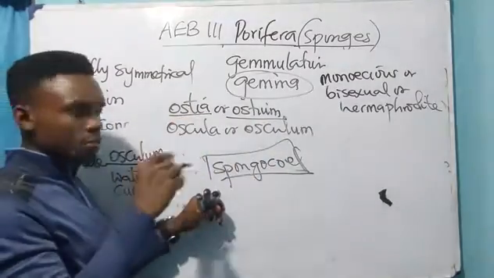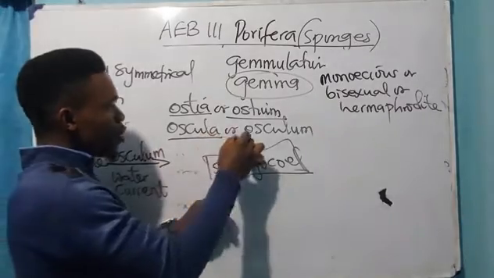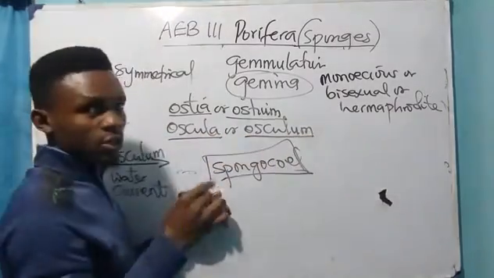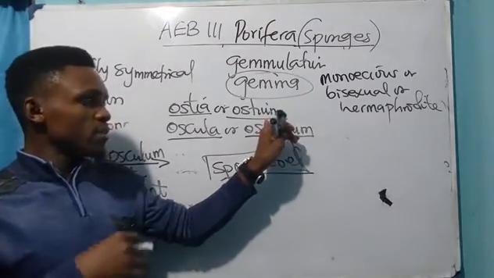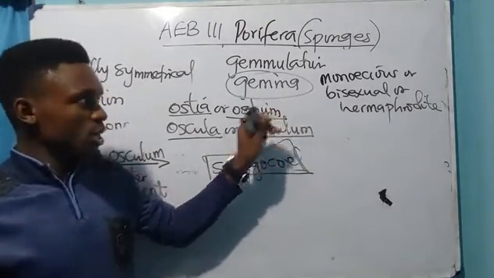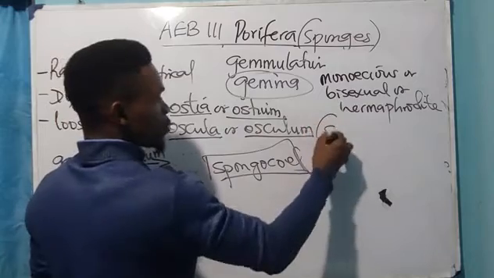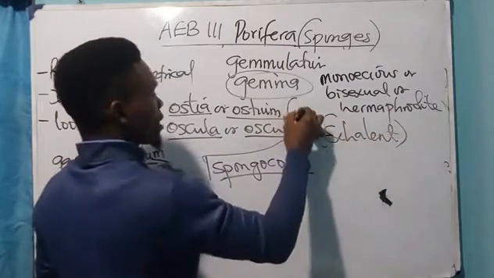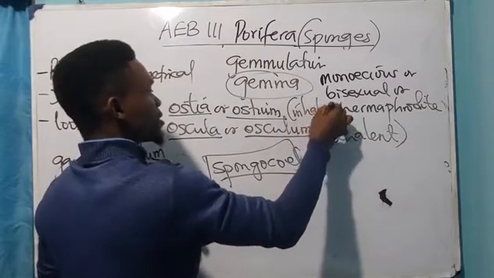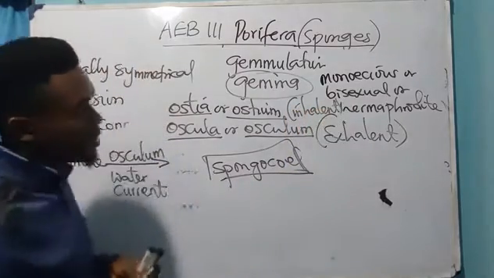Now, water leaves through the oscula, or osculum. Take note of that. The entry of water is through the ostia, while the leaving of water is through the osculum. It therefore means that this one acts as the exhalant, and this one acts as the inhalant.